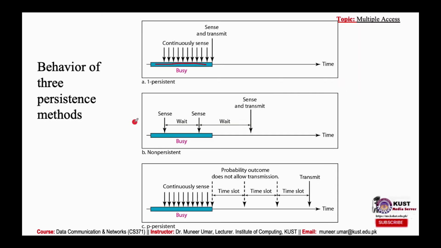If you look into this figure, there is a bit of difference. In the previous case the station continuously senses the channel, while in non-persistent, if the channel is busy, the station waits for a random period of time. This wait time is random, not fixed.